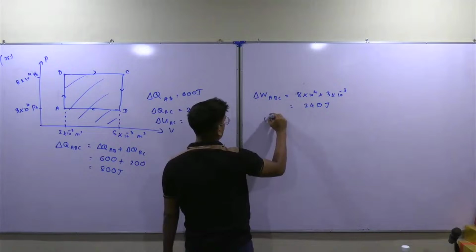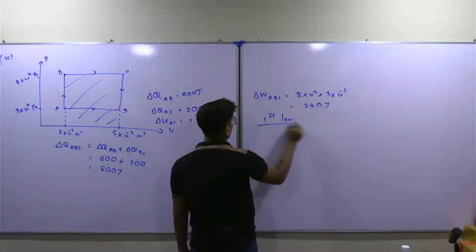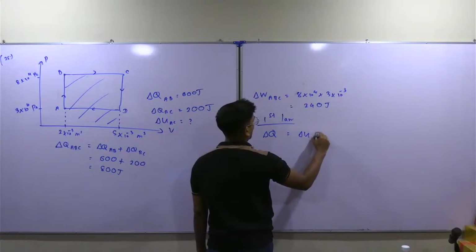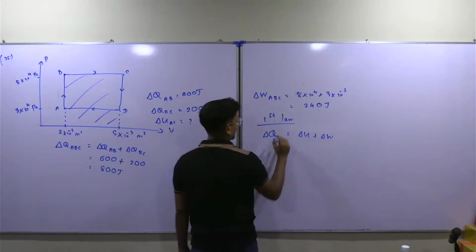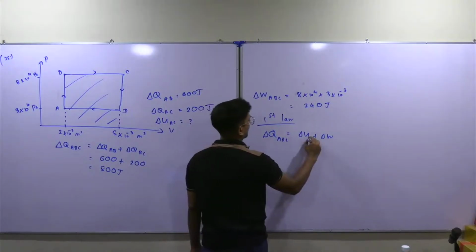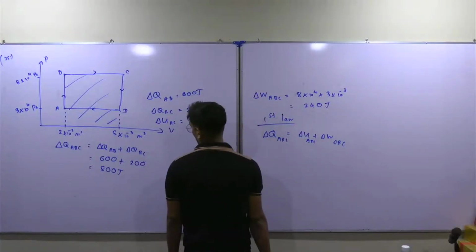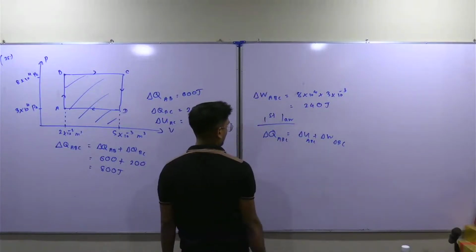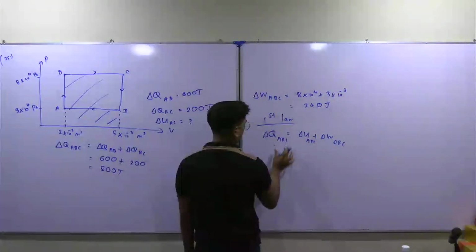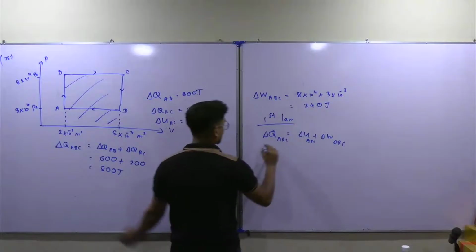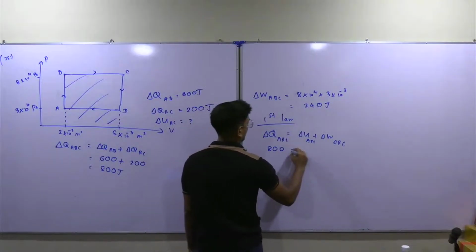You can apply the first law of thermodynamics. First law, that is delta Q is equal to delta U plus delta W along the path ABC. Delta Q is the net heat input, that is 800.